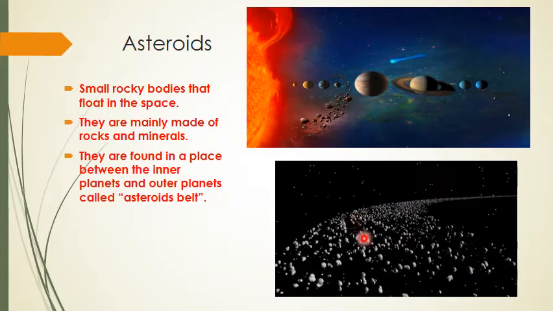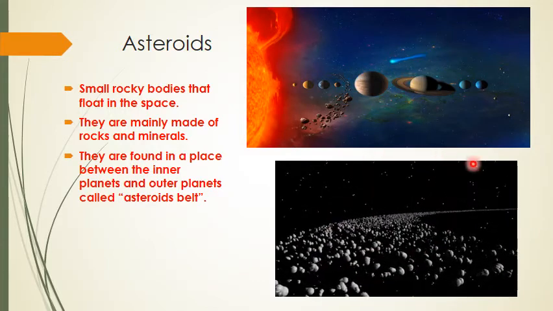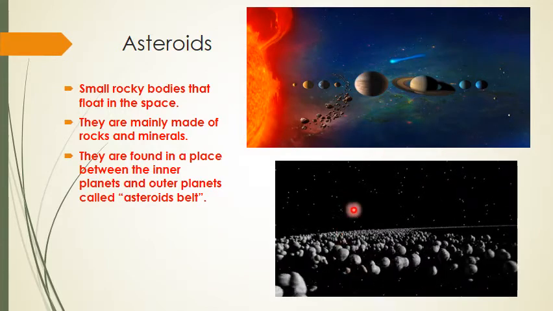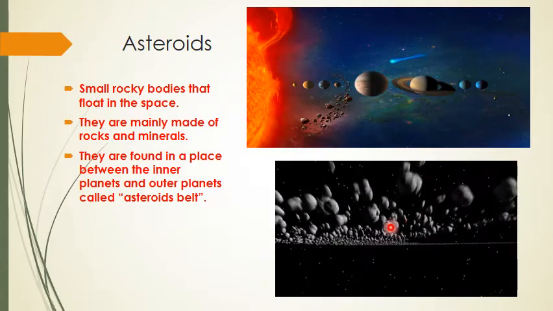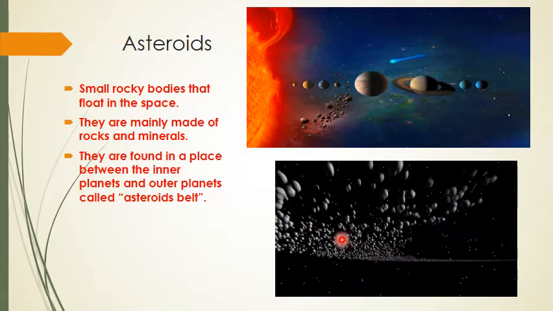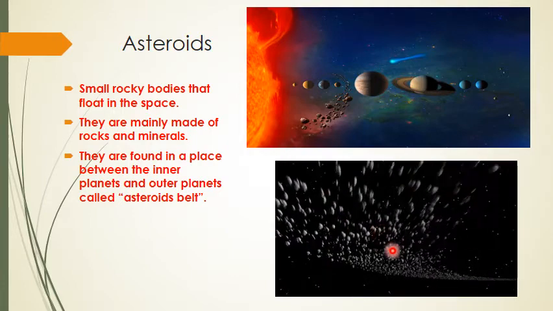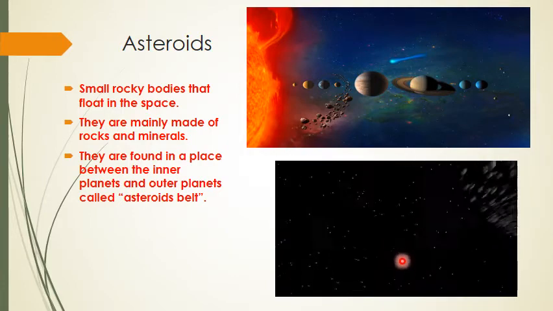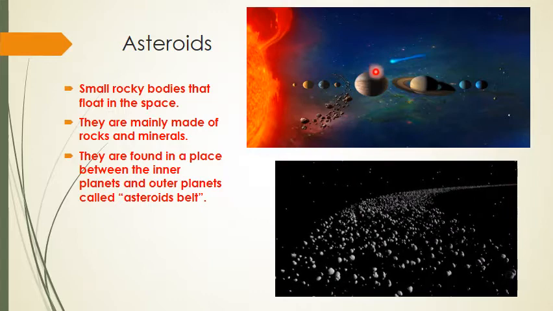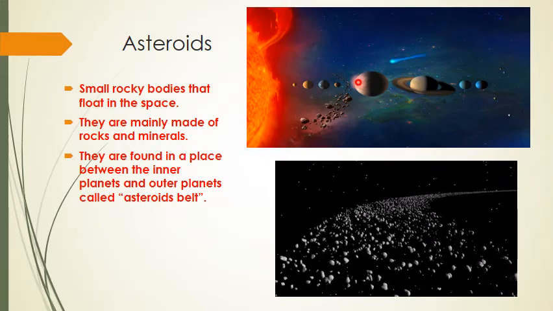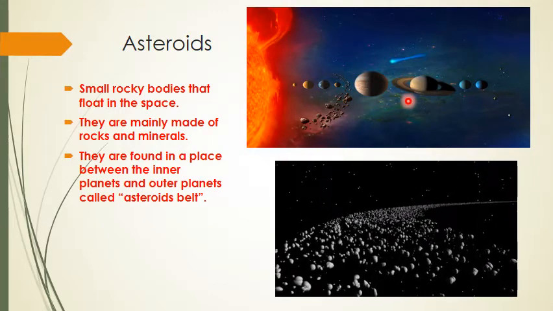And this is how they look. They look like a very large group of rocks. As you can see, they are very well organized, and they all revolve around the sun, just like the other planets.